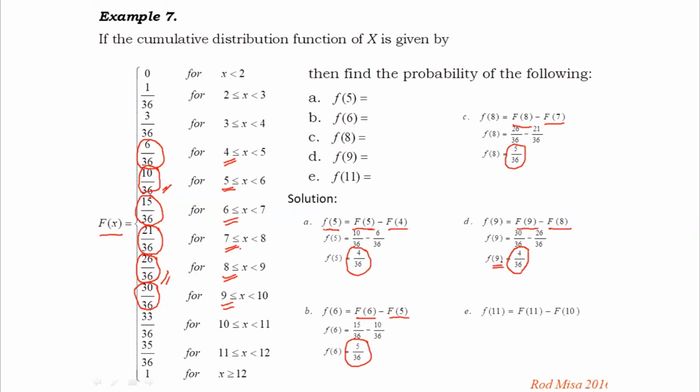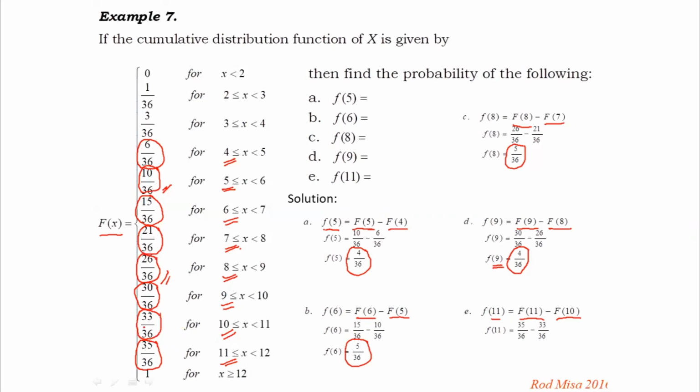And lastly, solving for the probability of the random variable 11. This is equal to the big F of 11 minus the big F of 10. And big F of 11, you can see in the cumulative distribution function, is equal to 35 over 36 as its probability value. And this will be subtracted by 33 over 36 because when our random variable is 10, the cumulative distribution function value is 33 over 36.